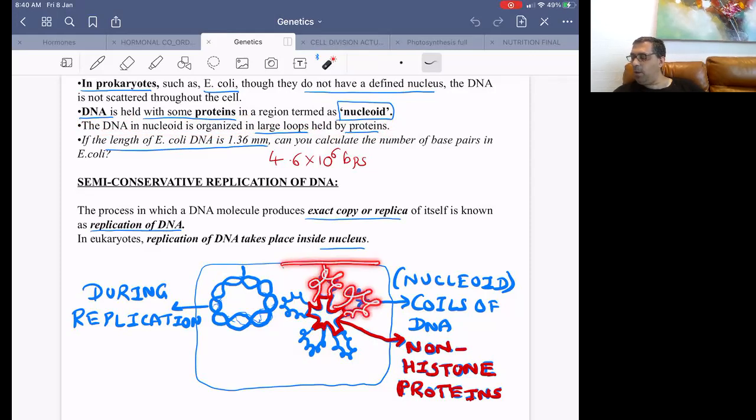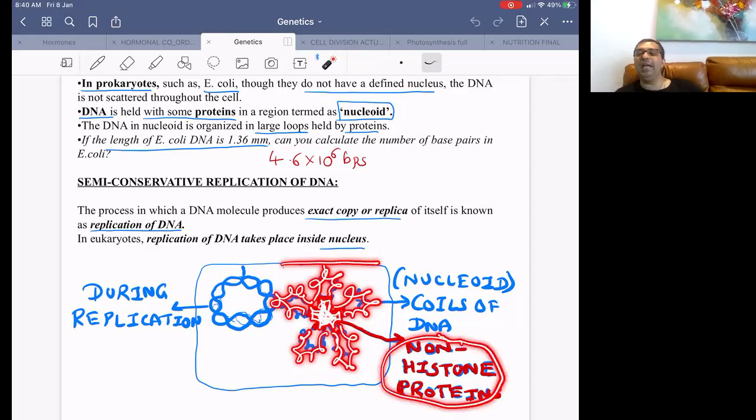DNA is in coil form. So these are the coils of the DNA, and these DNA coils are held together by proteins. Of course, these proteins are non-histone proteins.